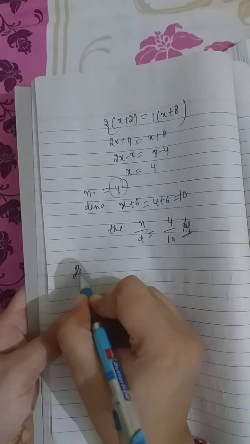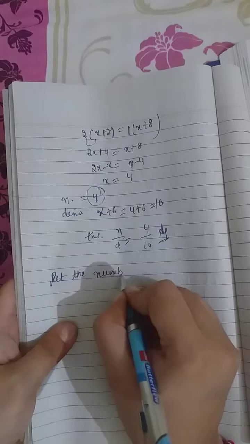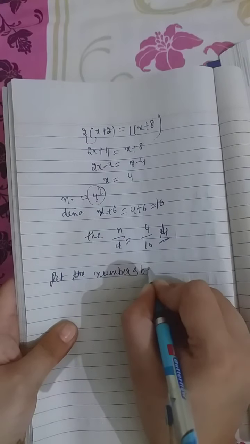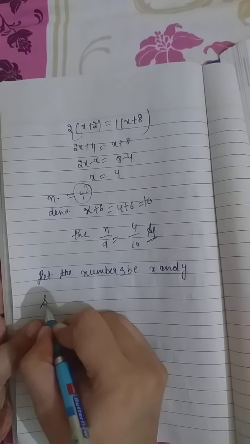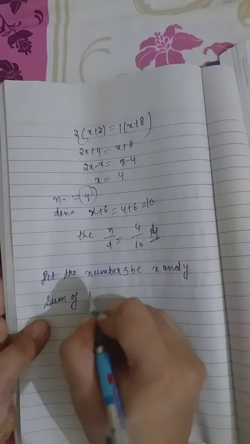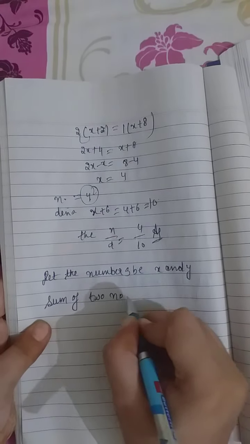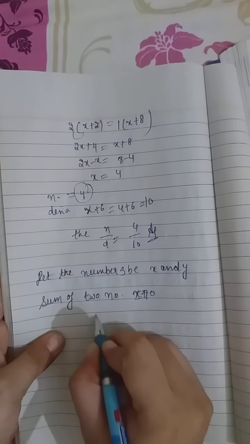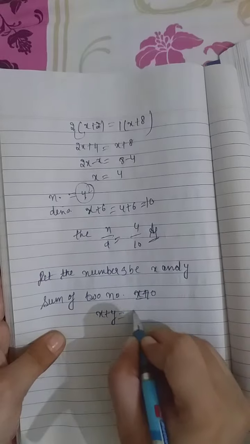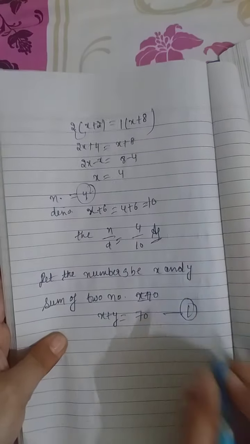The sum of the two numbers is 70. That means x plus y is equal to 70. It is our first equation.